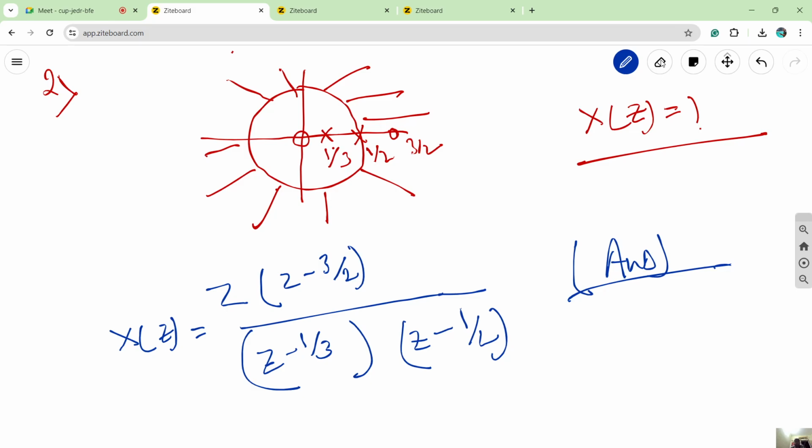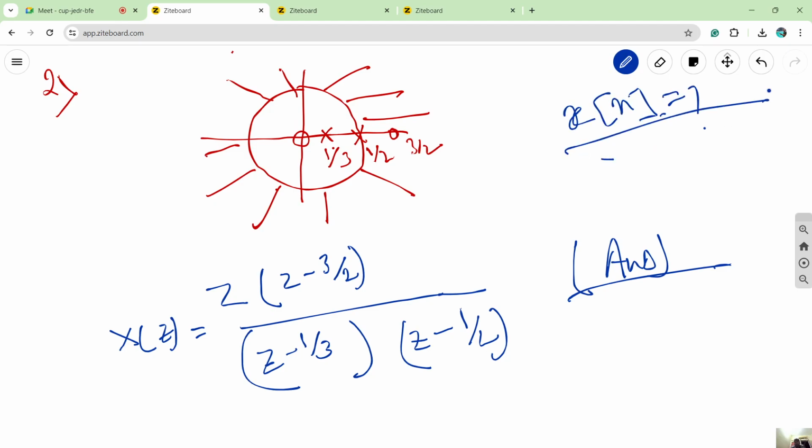Now the next question is determine x of n for the same thing. So we know what is X of z.